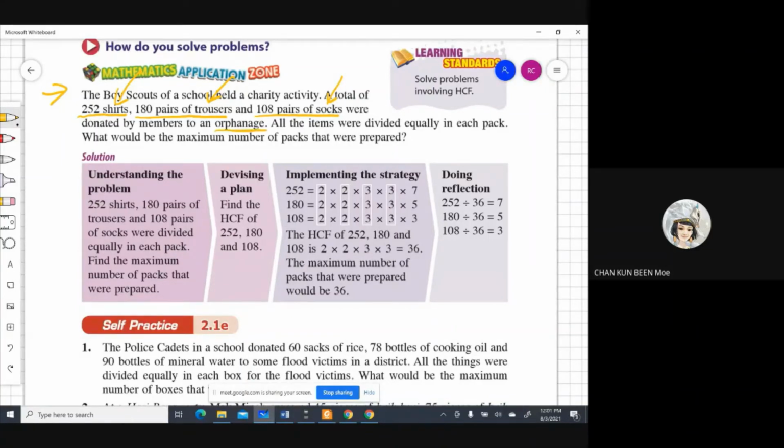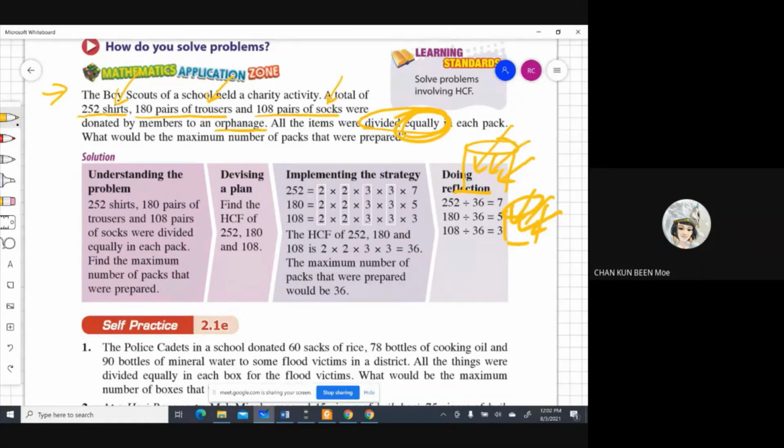Do you know what an orphanage is? Yes. Okay, good. All the items were divided equally in each pack, meaning that in each pack you must have 3 items. You cannot have 2 items and then 1 gone, or just 1 item and then 2 gone. It must be equally 3 items inside. That's why the word equally is there.